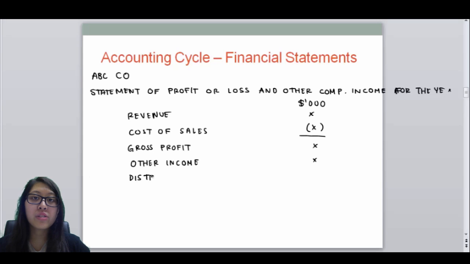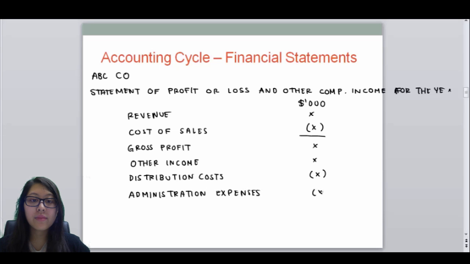First would be the distribution costs. And when I put in brackets, I'm implying that it means a negative or a minus figure. Then we also have to deduct the administration expenses. And in other cases where there are expenses that do not fit into either of the two, we call them other expenses.